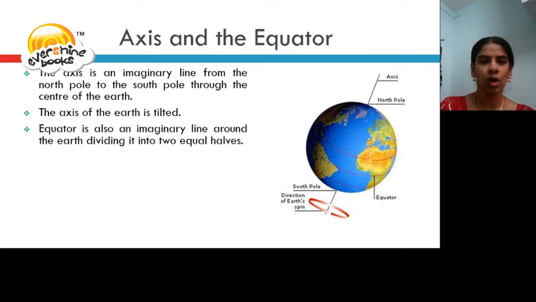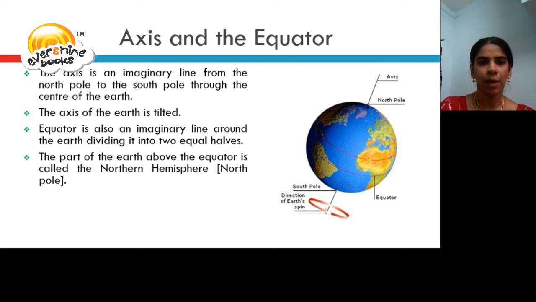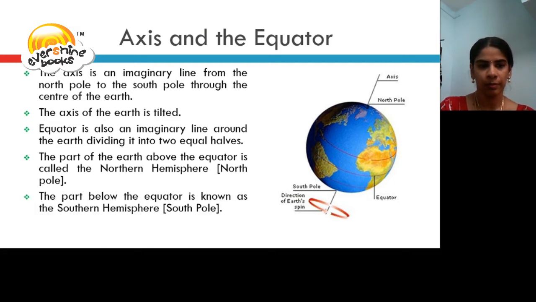Equator is also an imaginary line around the earth, dividing it into two equal halves. The part of the earth above the equator is called northern hemisphere or North Pole. The part below the equator is known as southern hemisphere or South Pole.